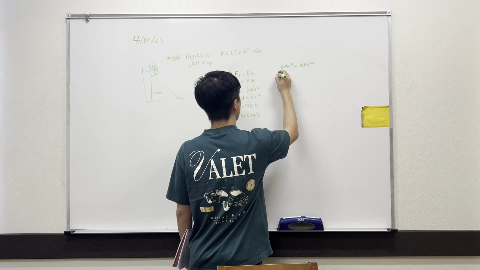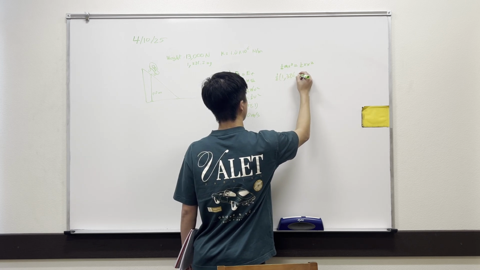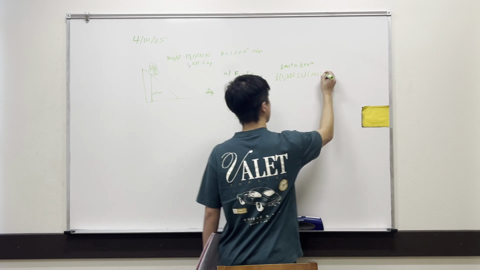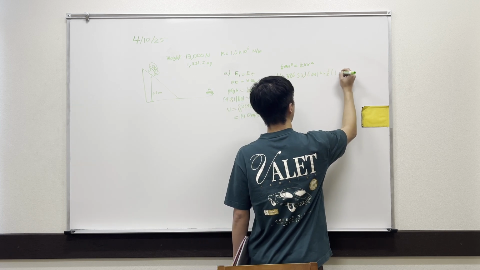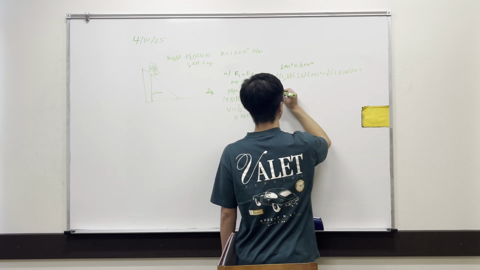So 1/2 times 1,326.53 times velocity squared, 14 squared, equals 1/2 times k, being 1.0 times 10 to the power of 6, times x squared.